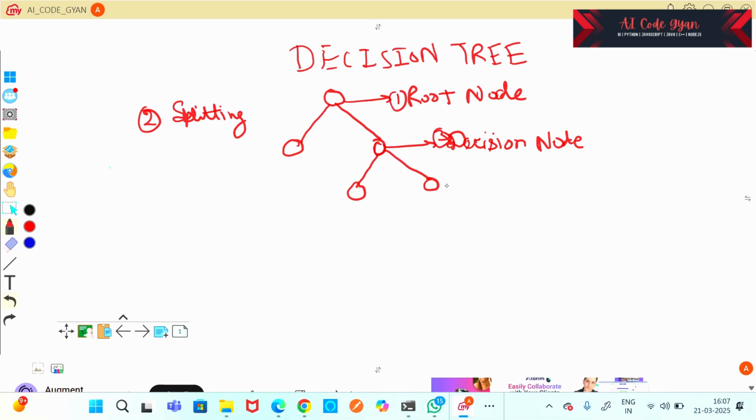And the last node, which is the resultant node, which doesn't have any subnodes, is called a leaf node. And if there is a need to remove this, this is called pruning.